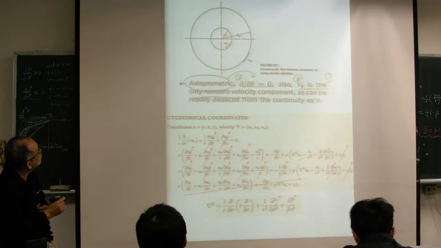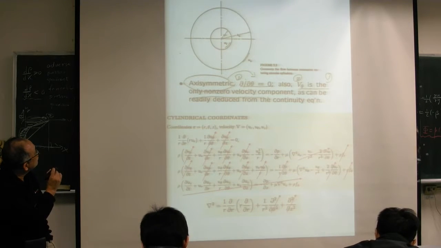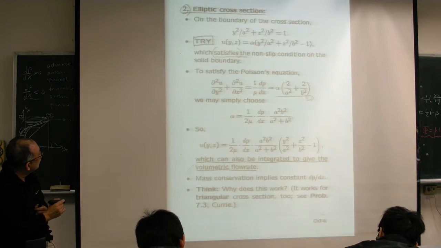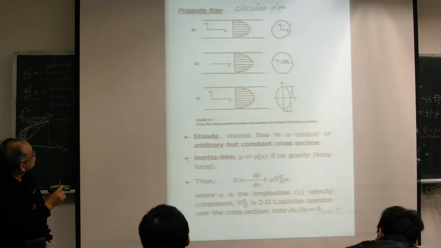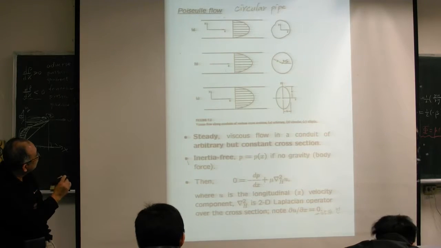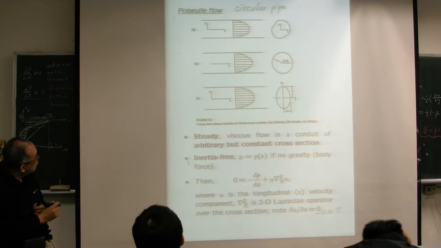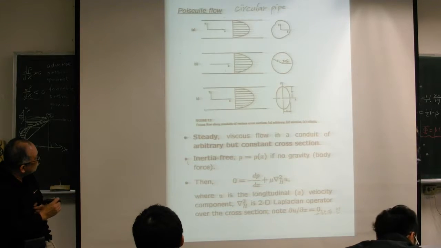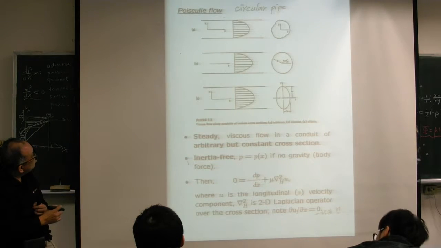For this, it is different, because this is a rotational cylinder. We have to go back to this. We have only the u direction, so the Cartesian equation reduces to this.